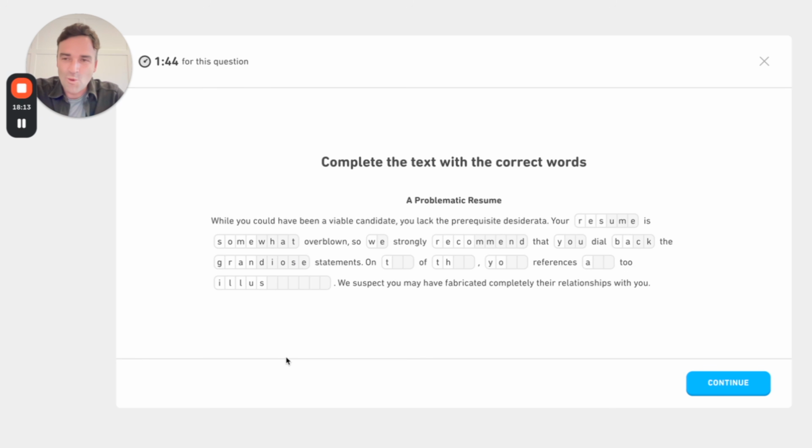Grandiose? Ooh. Is that right? Dial back the grandiose statements. I'm not sure if I spelled that right. Grandiose. I assume I've spelled that right, but I might be wrong. So if I'm wrong, write in the comments if I spelled grandiose wrong. Okay, on top of that, again, like an opening phrase here, on top of something.